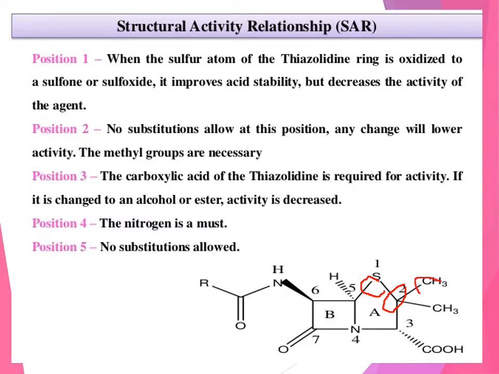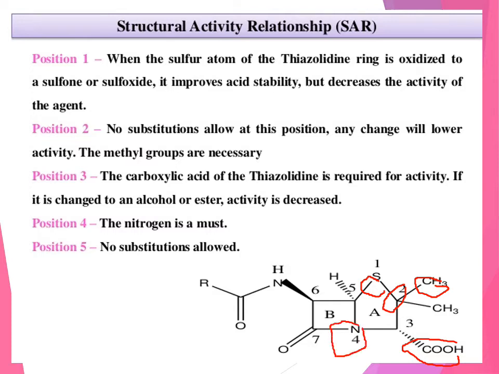Your methyl group is necessary for the activity of your penicillin. Position number 3. The carboxylic acid is required for the activity of our penicillin. Pag ito ay napalitan ng other functional groups such as alcohol or esters, activity is decreased. Position number 4.